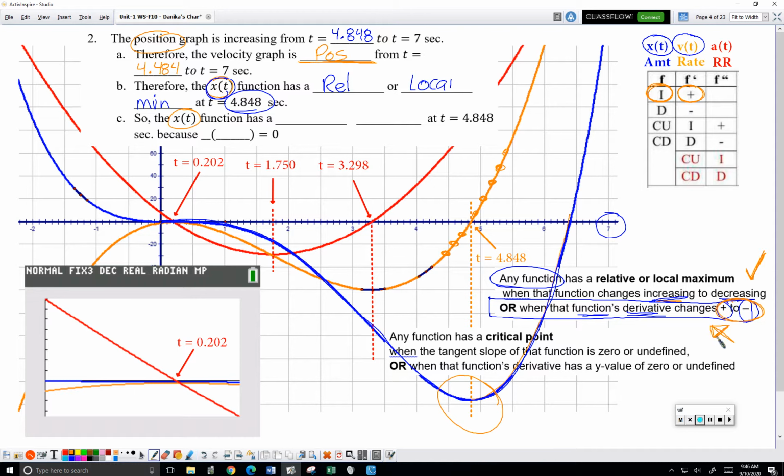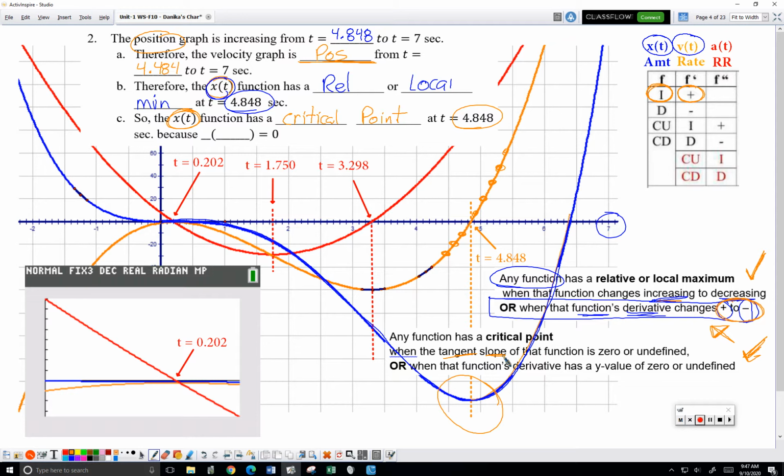And then I misread the question. The question is talking about this definition, because it's going back to position. It says, therefore, the position graph has a critical point at that same time. And then I've reprinted for you here the definition of critical point. Any function, in this case position, has a critical point when the tangent slope of that function.